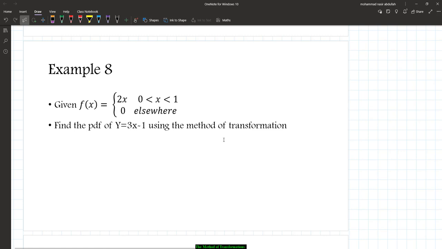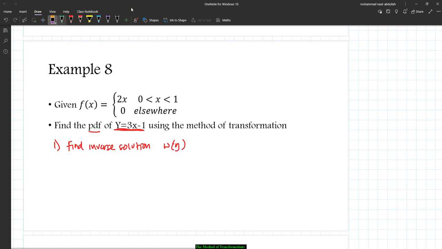Now example number 8. Given f(x) is equal to 2x, where x is between 0 and 1, we want to find the probability density function of y equal to 3x minus 1 using the method of transformation. So the first step is we need to find the inverse solution, which is w(y).